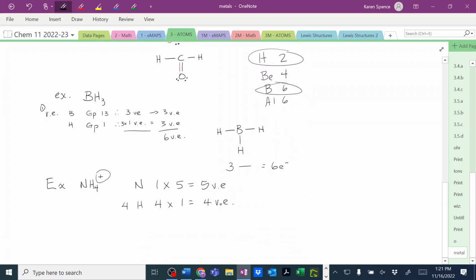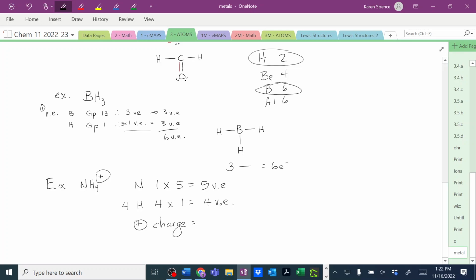I have a plus charge. We will do that later, but it does tell me something about the number of electrons. It tells me that I am lacking 1 electron, right? Because if I'm positive, I'm missing some negative. The only thing I can add and subtract are electrons, so there must be a missing electron.